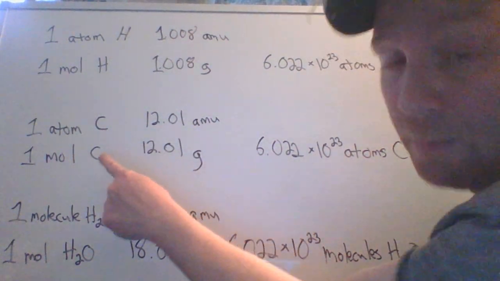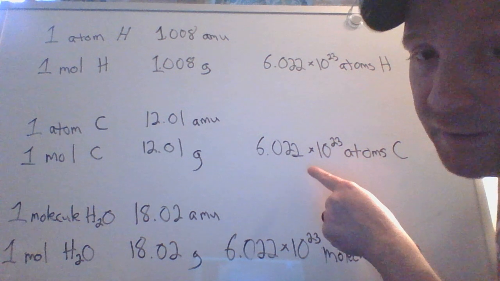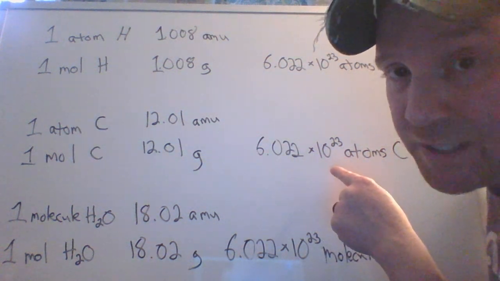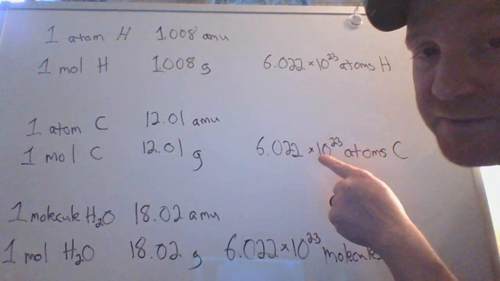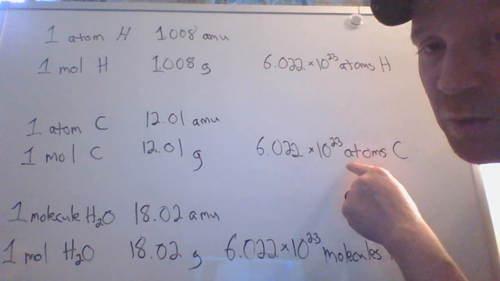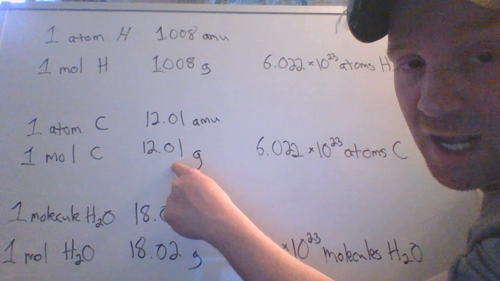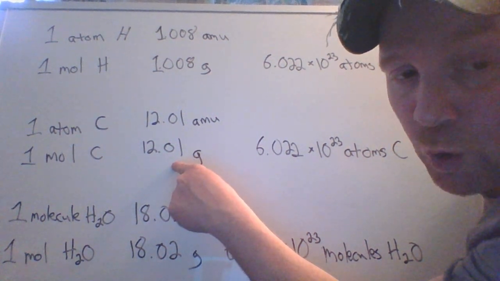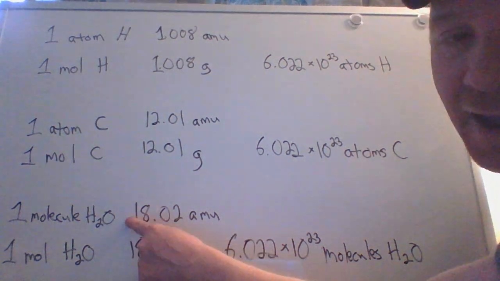But again, a mole of carbon, I would have this number. It's called Avogadro's number. The guy's name was Avogadro. I still have 6.022 times 10 to the 23rd atoms of carbon, but instead of 12.01 AMUs, it would weigh 12.01 grams.